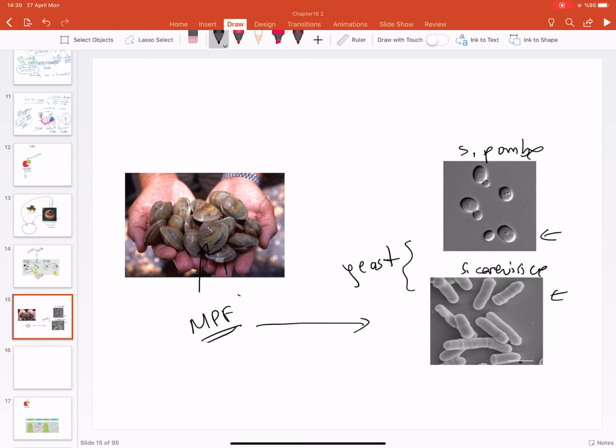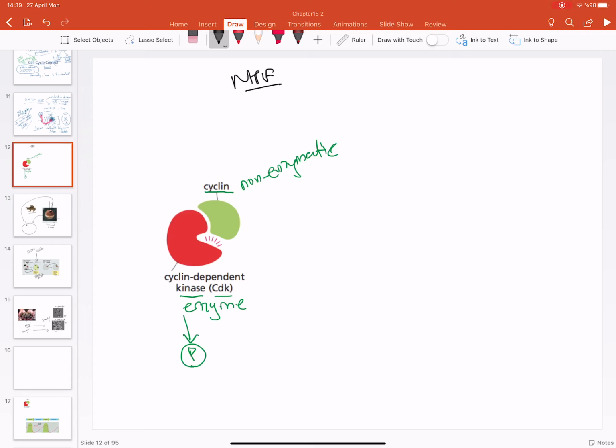And what was even more interesting was they took human MPF and injected it into yeast, and even that was working. So MPF must be something so central, so important. It doesn't change between yeast and human. So when they checked the molecule, they realized these are the two molecules. This is the key.